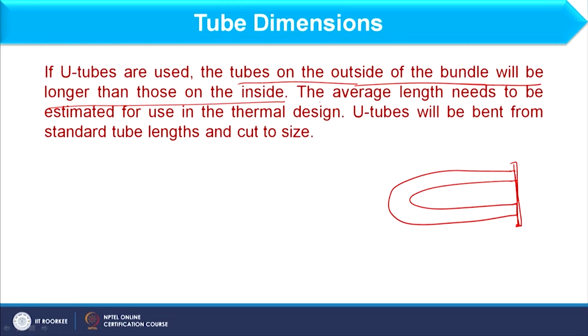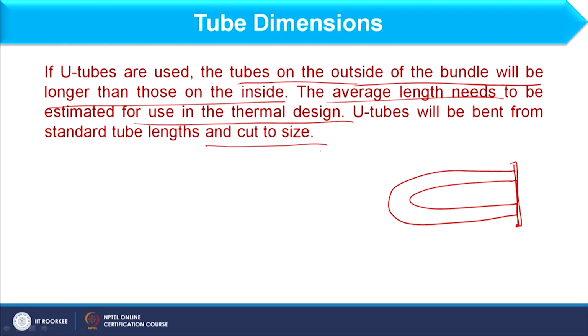So, the average length needs to be estimated for the use in thermal design. Okay. So, U tube will be bent from the standard tube length and cut to the size. So, in this way we usually consider the U tube.